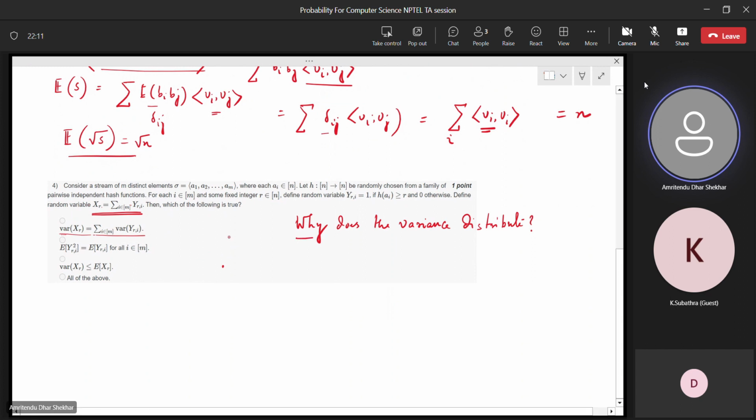They are independent random variables. So why are the Y_{r,i} independent random variables? Are they also identically distributed? Is my question.